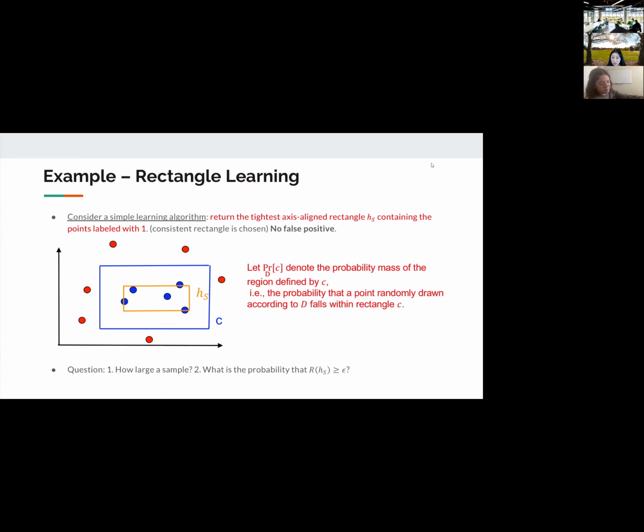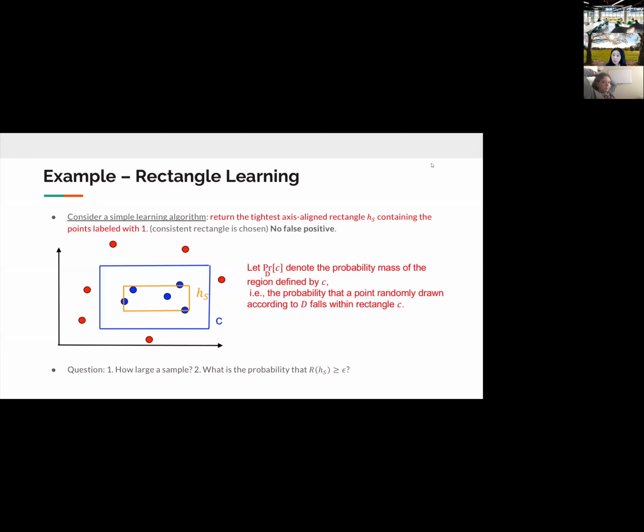Does that make sense? If you consider, let's say, a uniform probability mass, then this is merely related to the area. However, now you have to consider the probability mass of the distribution.